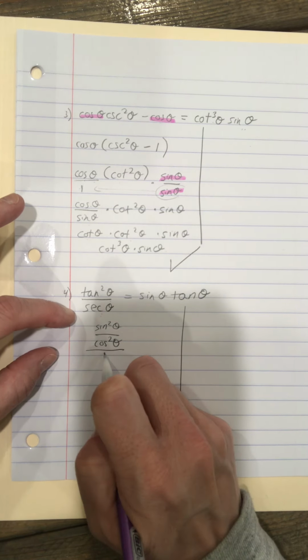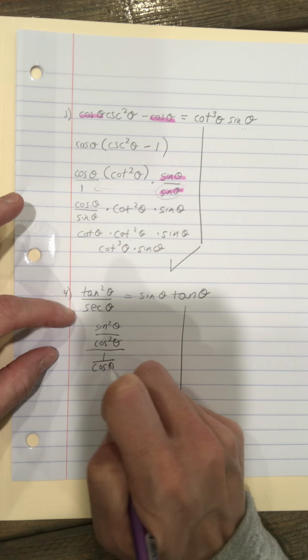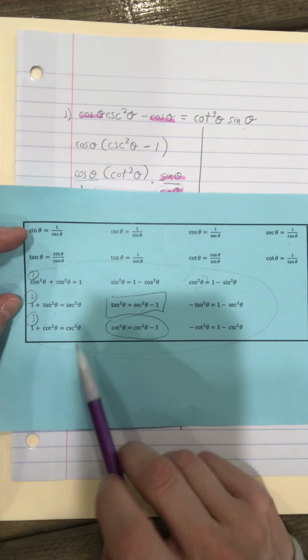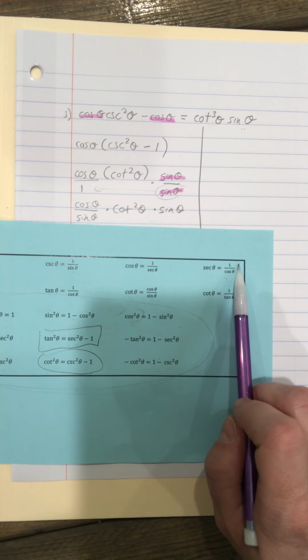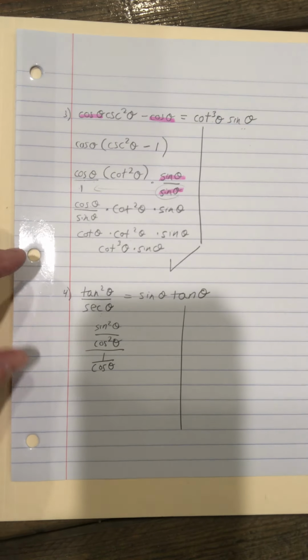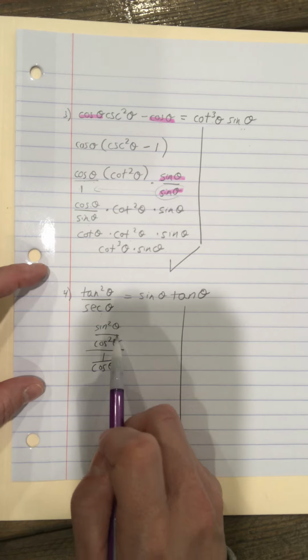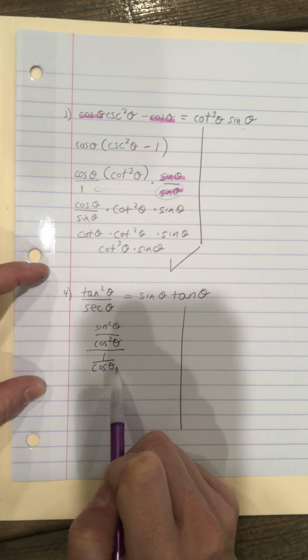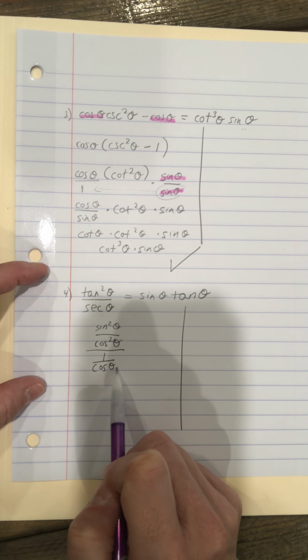Secant is the same as 1 over cosine theta, which is what we have here. What you're going to do now, when we have an improper fraction, is keep, change, flip.